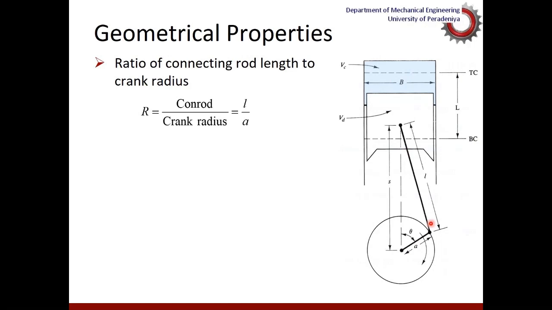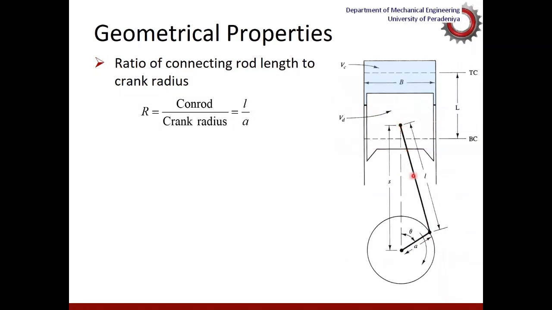But on the other hand, if you increase the connecting rod length, there is advantage in terms of engine losses. Can you guess an advantage of increasing the length of the connecting rod?